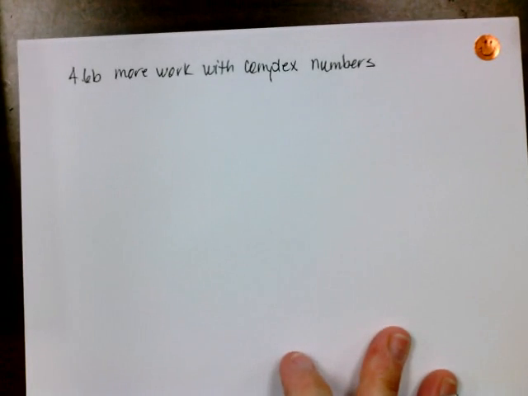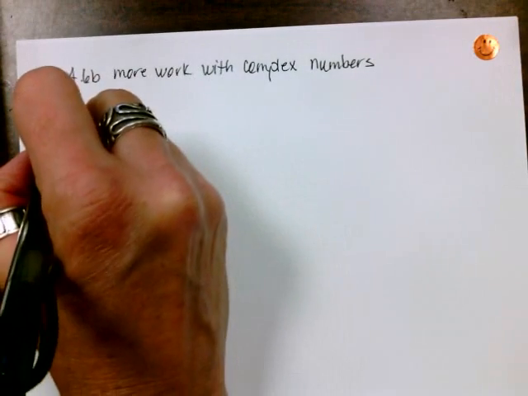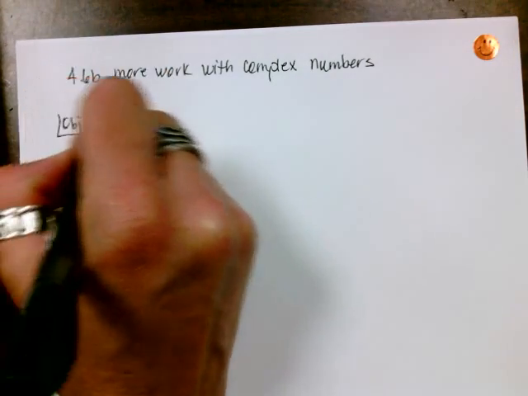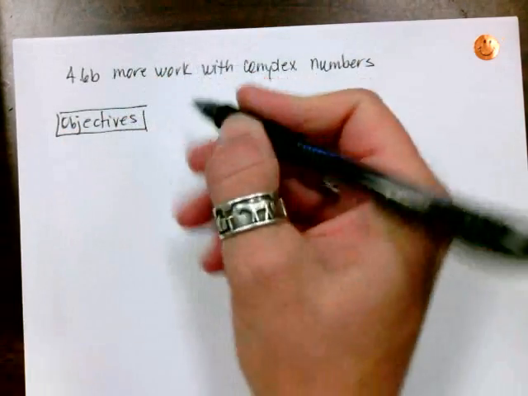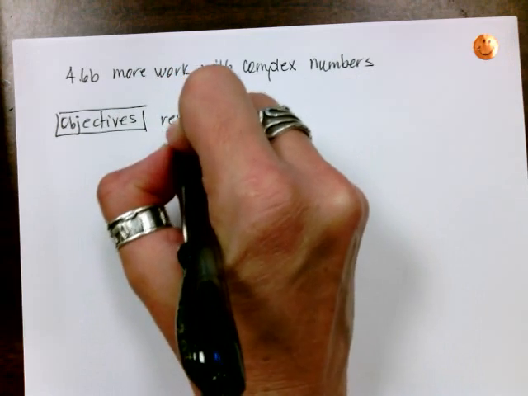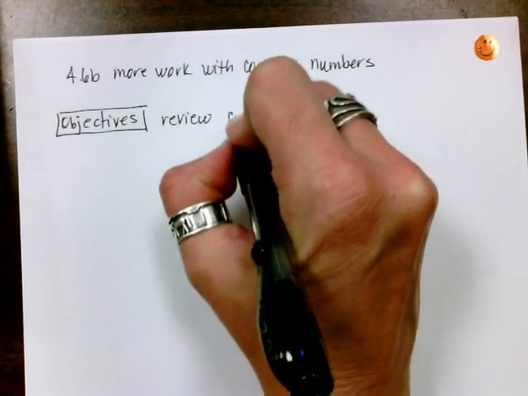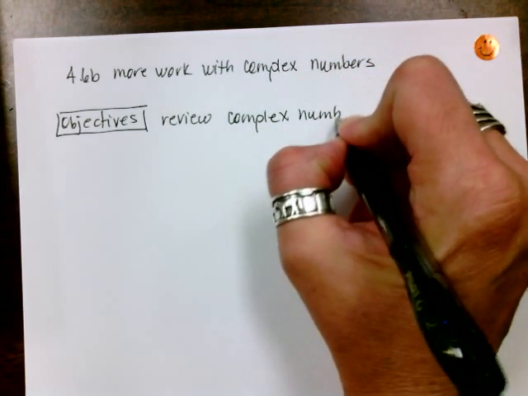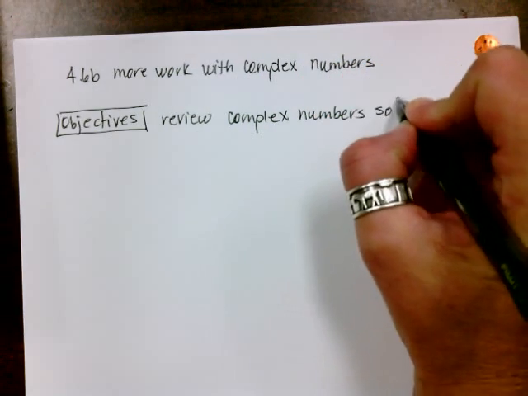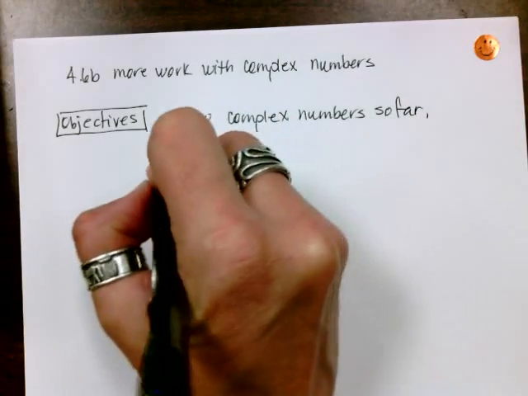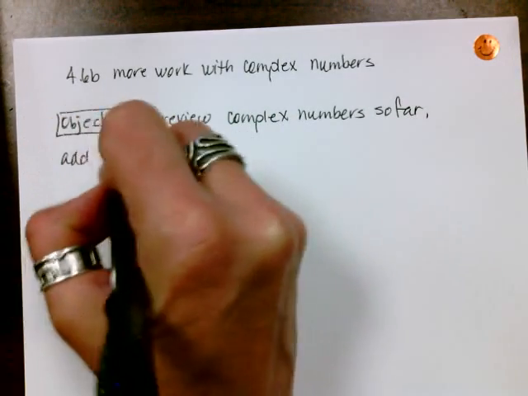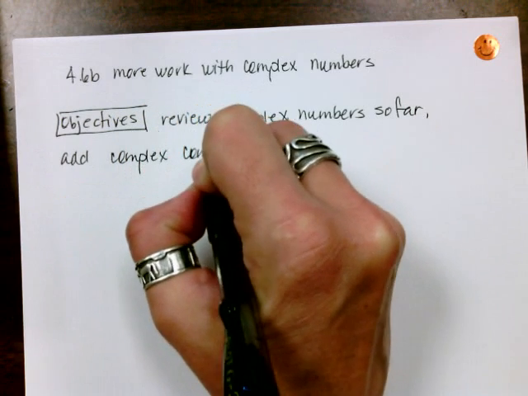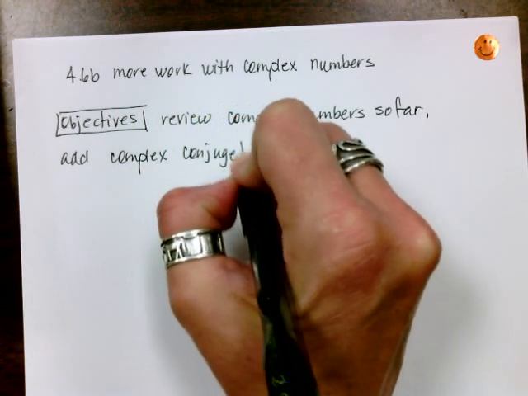As we move on, our objectives for the day are that we are going to review our complex numbers so far, and then we are going to add the complex conjugate.